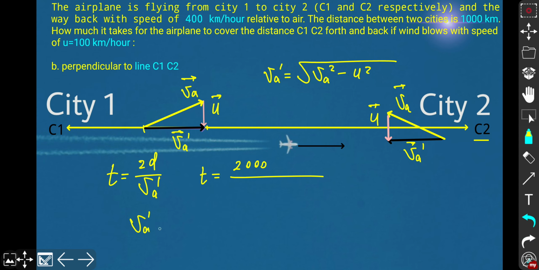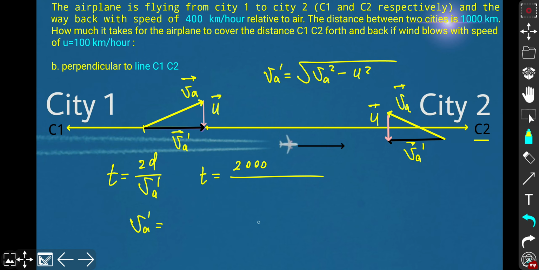VA prime is going to be the square root of 1000 squared minus 100 squared. So that's going to be around 994.